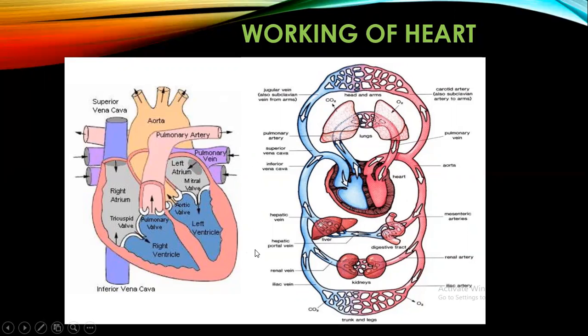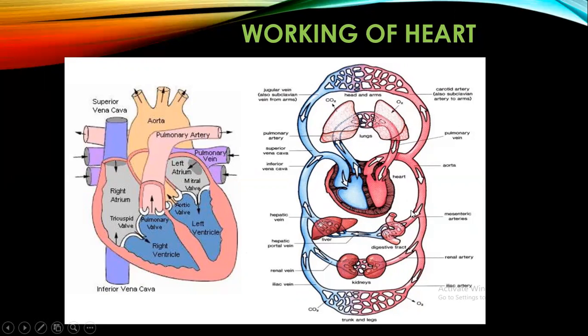From the tissues, the deoxygenated blood is collected by the inferior and superior vena cava, and it is thrown into the right atrium. From the right atrium, the blood is transported to the right ventricle. From the right ventricle, it is transported to the pulmonary artery. This pulmonary artery is connected to the lungs for the process of oxygenation.